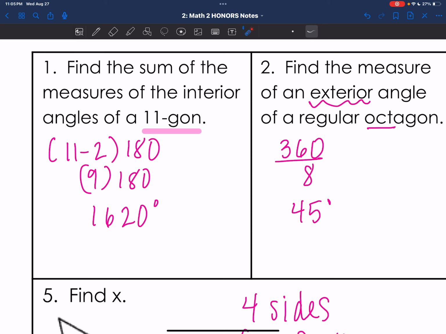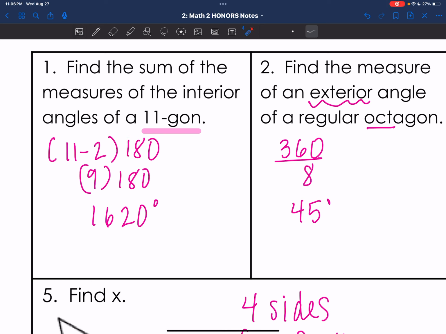So here it says to find the sum of the interior angles of an 11-gon. So you're going to follow the rules that we had before, where you take 11 minus 2. So instead of N minus 2, we're substituting in 11, times 180 because it's a linear pair.